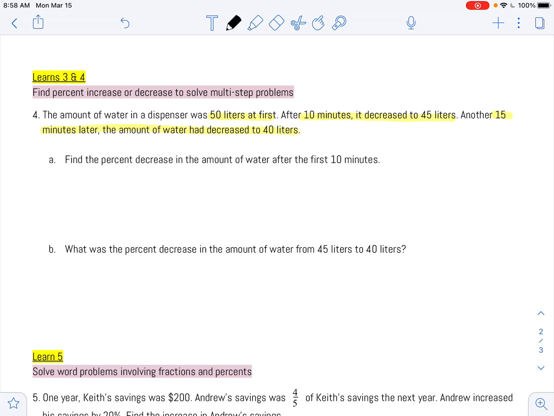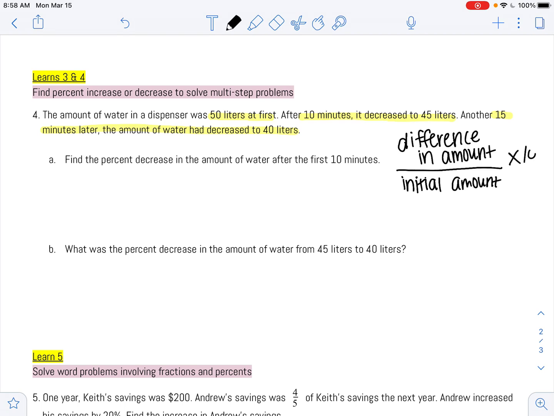Anytime we're finding a percent change, when we're asked to find that percent, we're going to use this formula. We're taking our difference in amount from each time in each interval divided by the initial amount times 100 to make it into a percent.